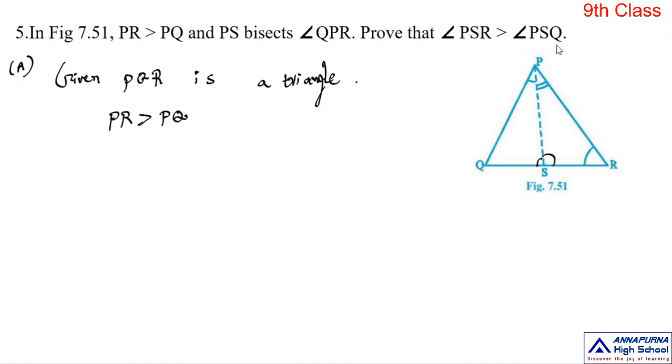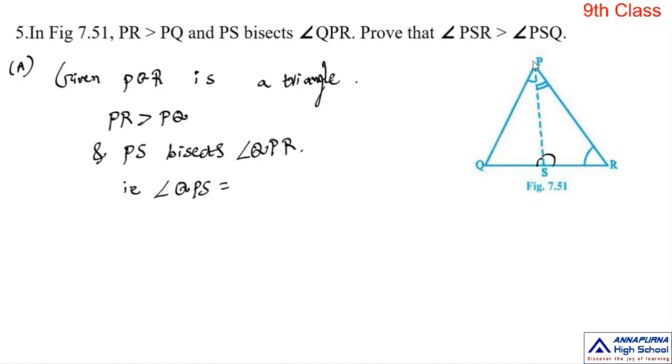In this triangle PQR, PR is greater than PQ, and PS bisects angle QPR, that is angle QPS.